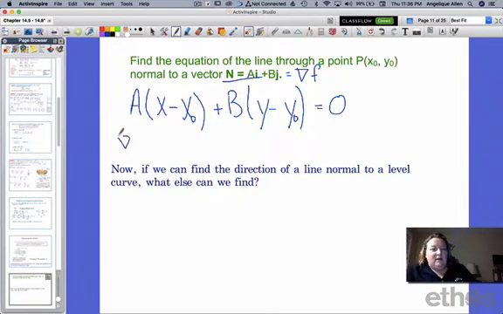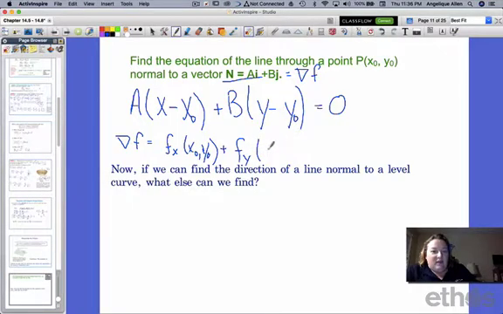Another way to write the gradient vector, by the way, is the partial with respect to x evaluated at x naught, y naught. Instead of just doing df dx, we can say it's evaluated at x, y, and use this symbol for the partial derivative. And then the partial derivative of f with respect to y evaluated at our point of interest. And this is the gradient vector.